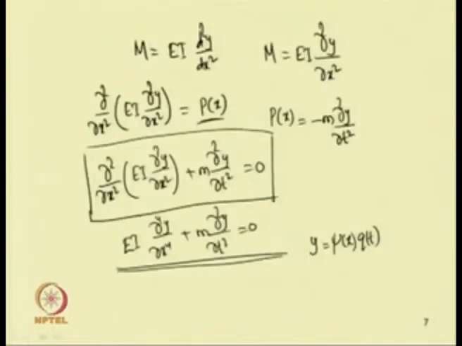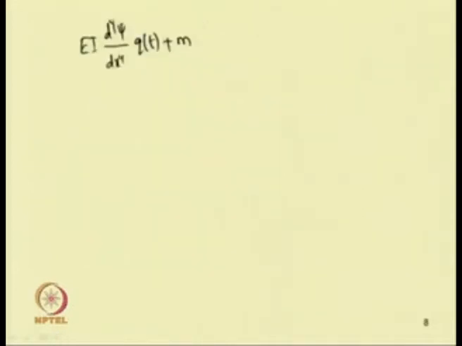So, this is a function of time, this ∂²y/∂t². So, q will be differentiated with respect to time and ψ will remain like that. So, it will be m ψ into d²q/dt² equal to 0.